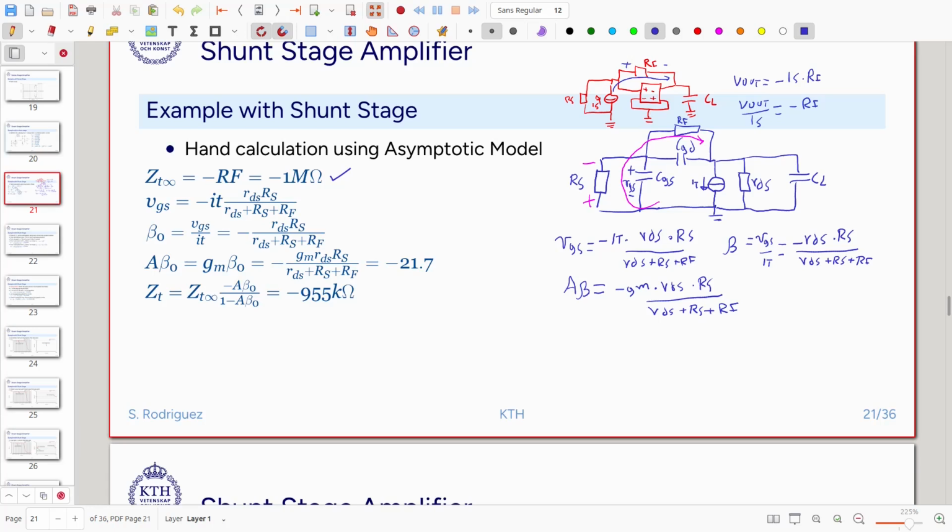Okay, and then when we replace all the values, what we get is minus 21.7, and then we calculate the closed loop gain. That will be like this. This is plus here, and I will get as a result minus 955 kilo ohms.